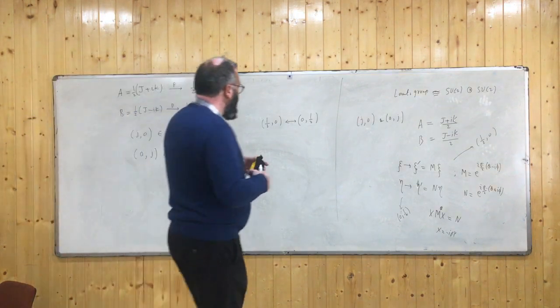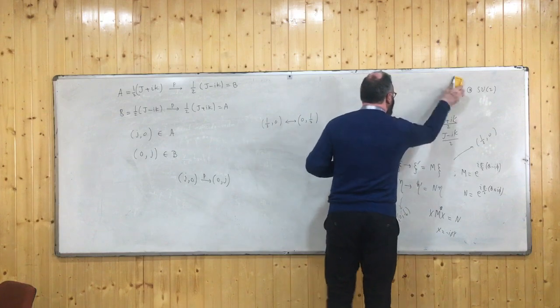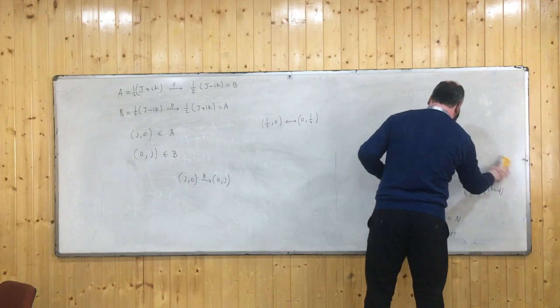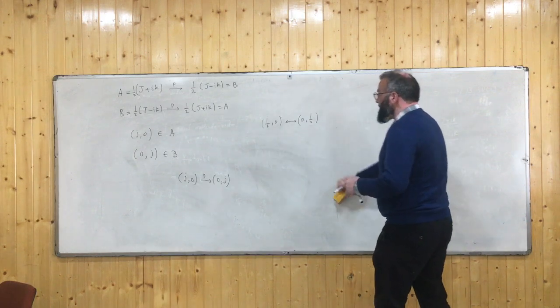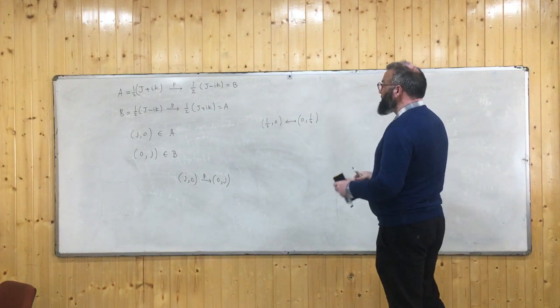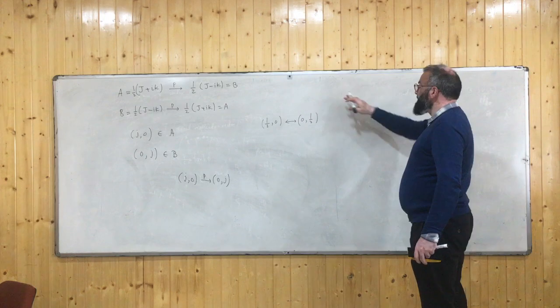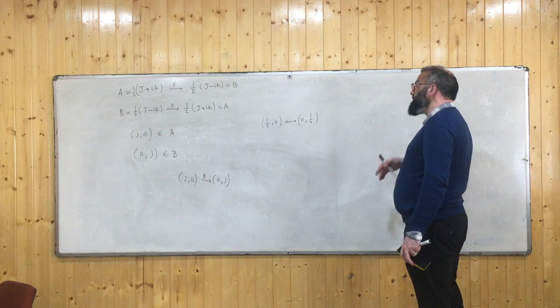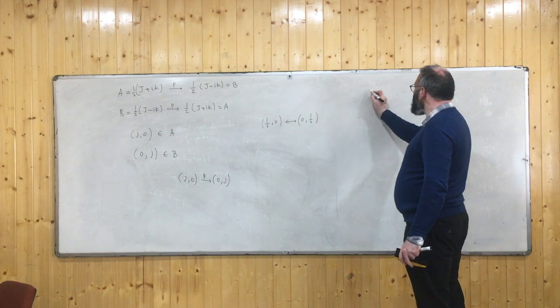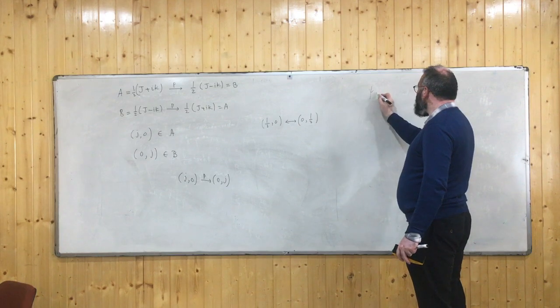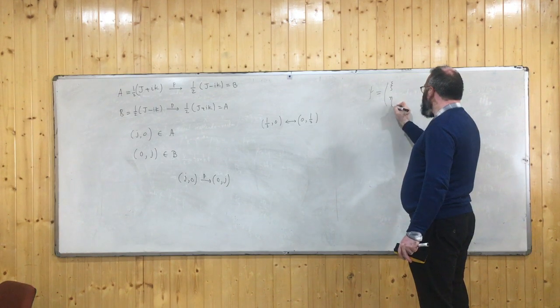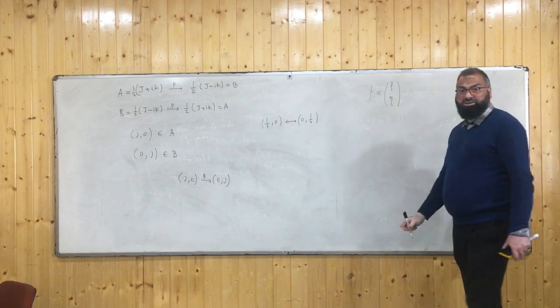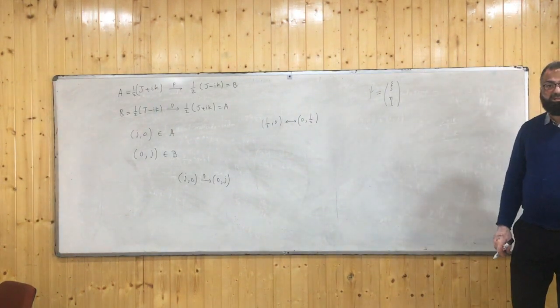So what I will do, let me write psi equal to this zeta and eta. Now this will be an irreducible representation.